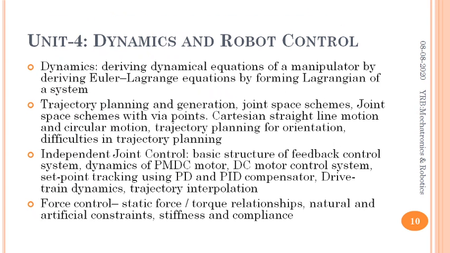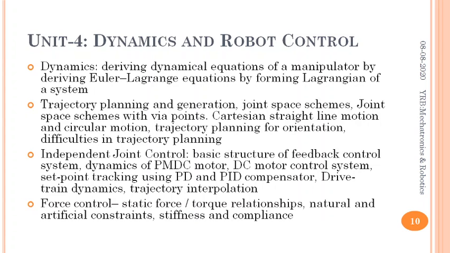And the last chapter of our syllabus is dynamics and robot control, which will give a clear idea of the technical designing process of robotics and mechatronic systems. It includes dynamics, deriving a dynamical equation by various formulas.